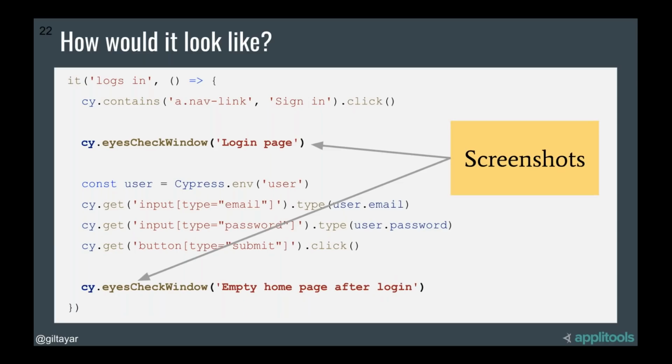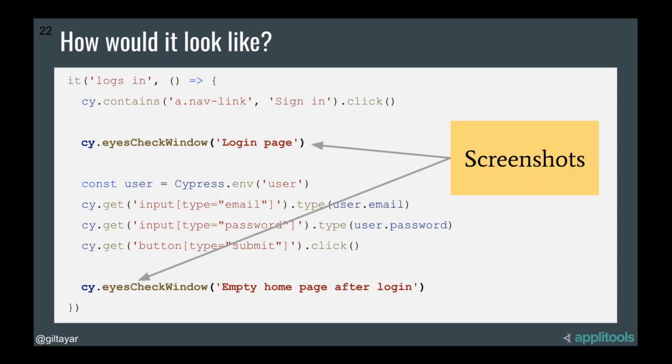You use the Applitools plugin for Cypress and do site.iceCheckWindow, and you give it a name or a tag just so when you see it in the Applitools UI, you will know which screenshot it is. So we have two screenshots here, one of the login page before and one of the empty homepage after we log in.